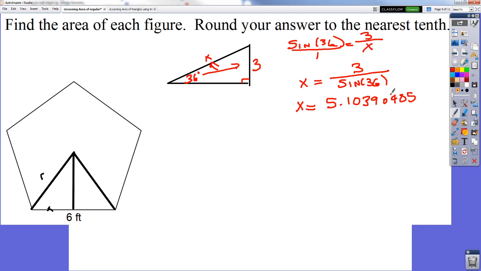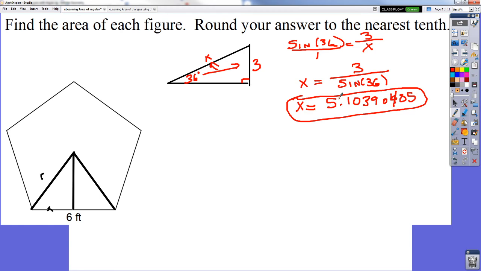Now here's the thing to keep in mind. Again, if you're going to use this number, you must use all of that number. Remember, as I said before, we don't round in the middle of a problem. We have to use the whole thing.